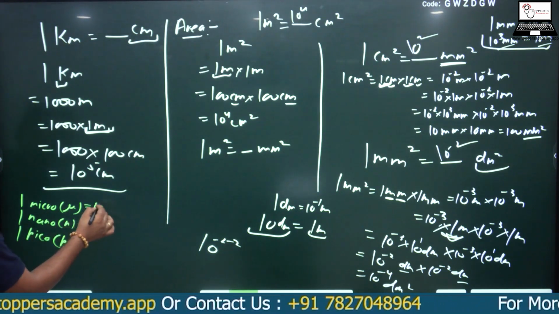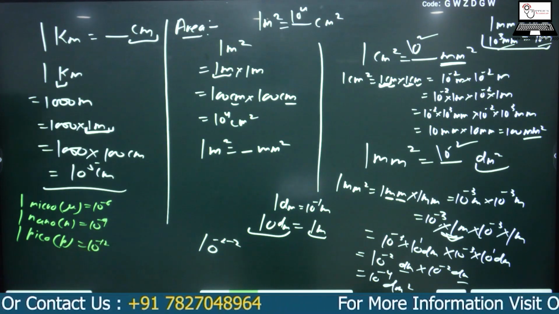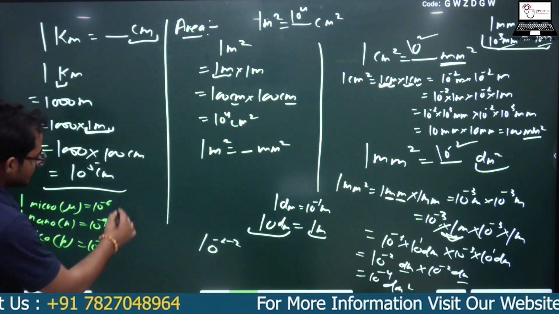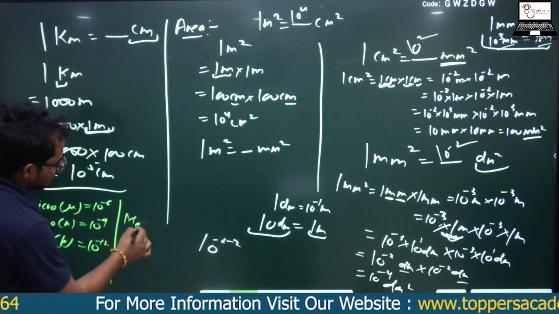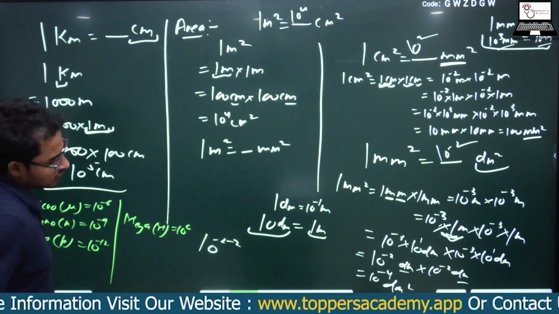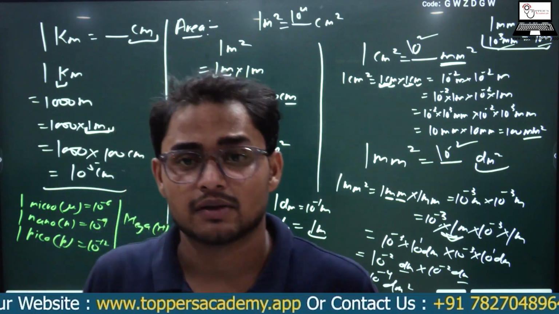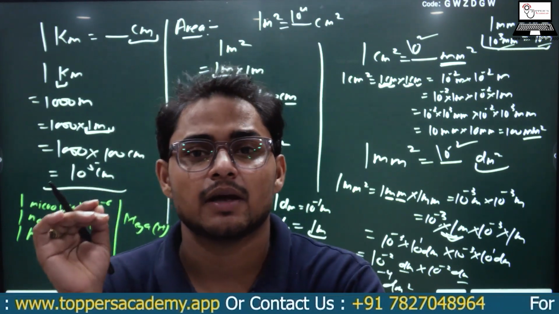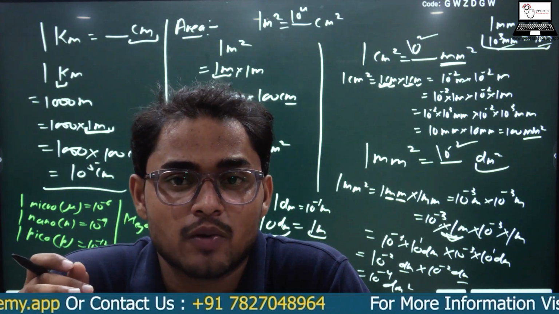So the meaning of this is 10 to power minus 6, of this 10 to power minus 9, of this 10 to power minus 12. One more thing, kilo, you know that is 10 to power 3, mega capital M is equal to 10 to power 6. There is one more term, giga, but you will not require this.